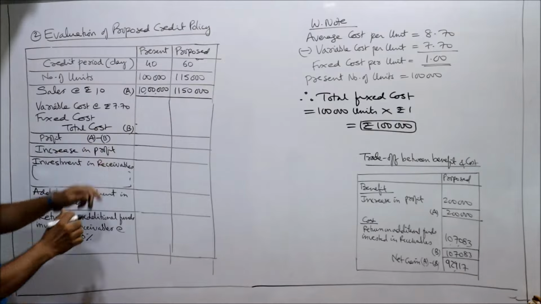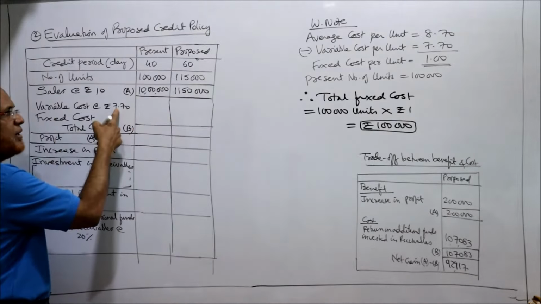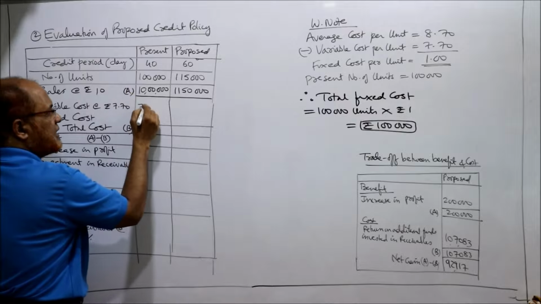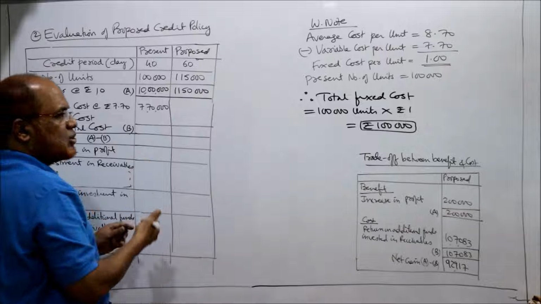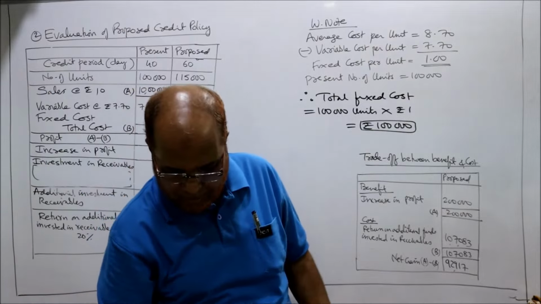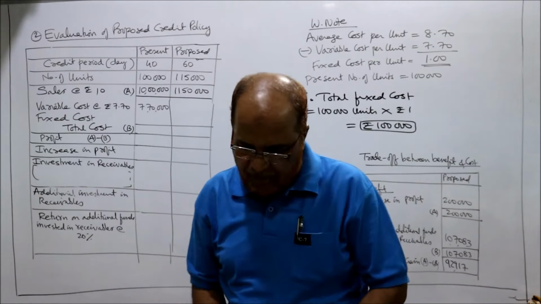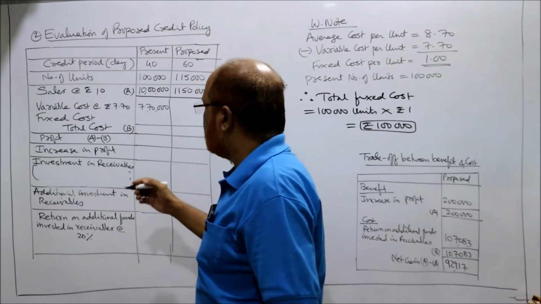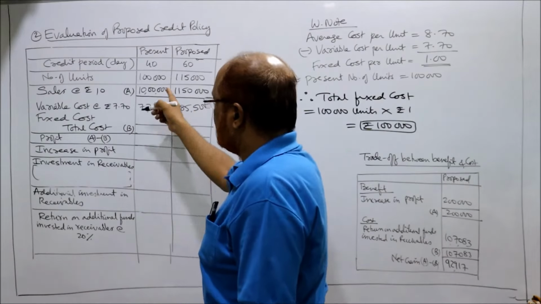Now see here, 7 rupees 70 paisa is the variable cost per unit. Multiply 7.7 into 1 lakh, you will get 7,70,000. Similarly 7.7 into 1,15,000 is 8,85,500. These are the variable costs.